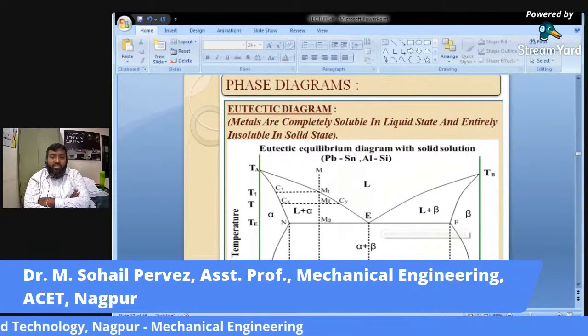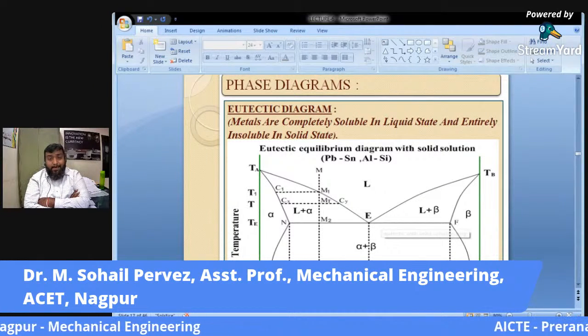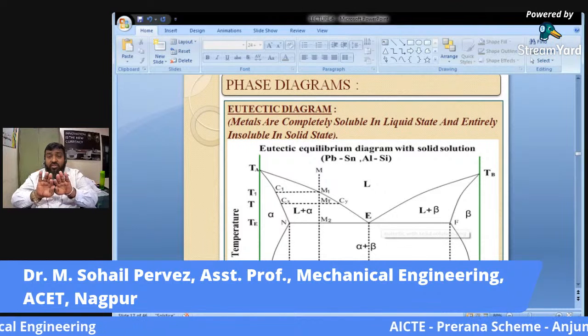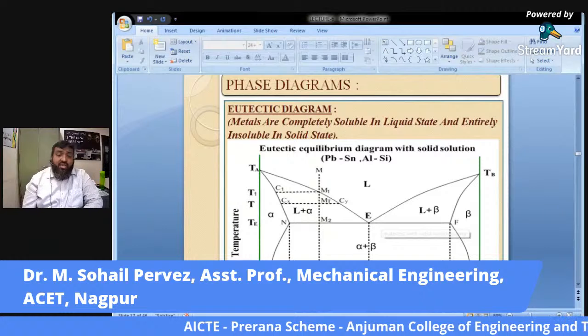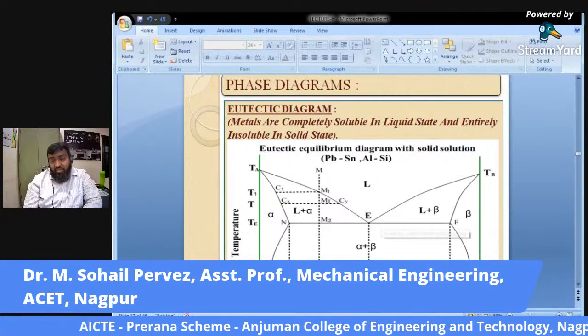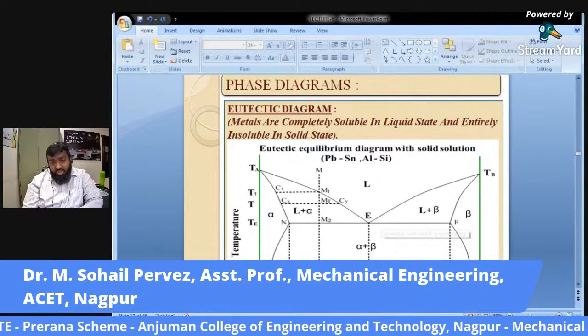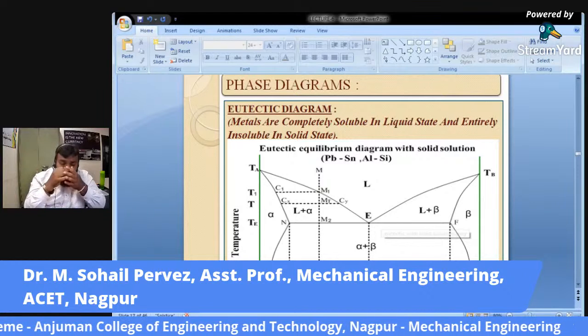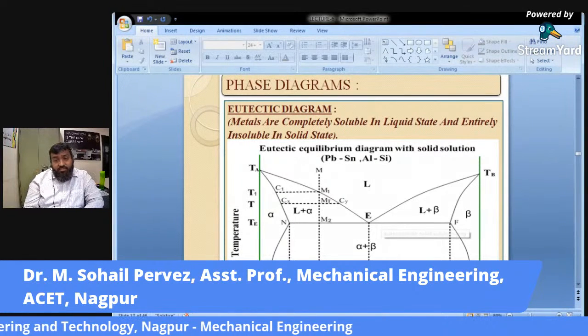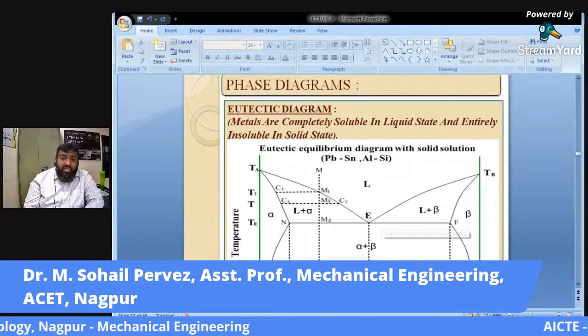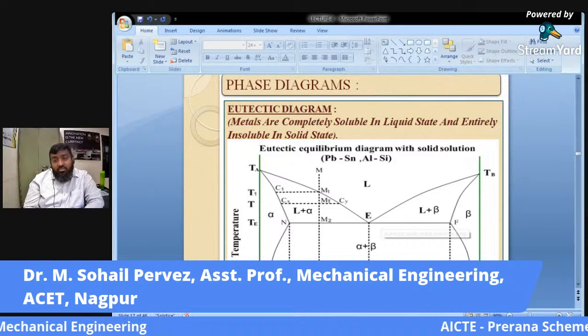So here lies the problem then. In this case, two separate regions will be developed or generated on the graph depending upon the percentage or composition, and these two solid phases will be now represented by alpha and beta. Please mind well, this is represented by alpha and beta.